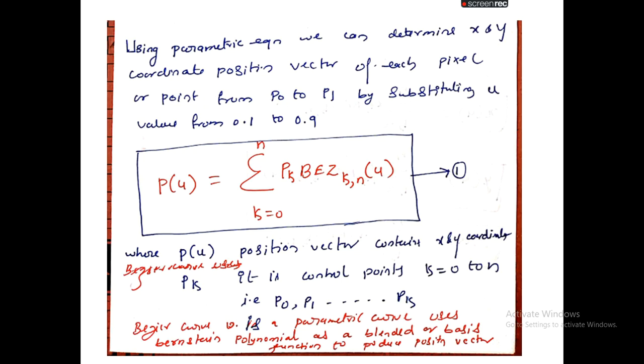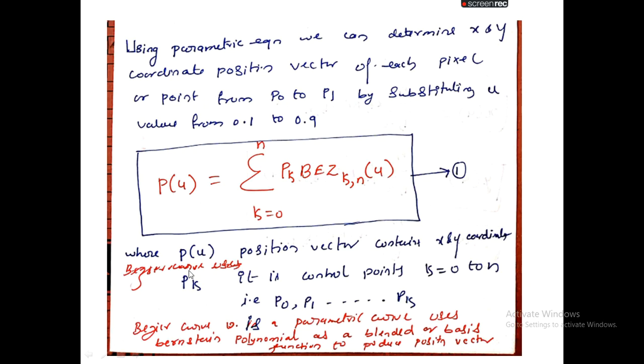So Bezier curve is a parametric curve. It uses a Bernstein polynomial as a blended function. The Bezier curve will use the blended or basis function to produce the position vector. So this P of u is called the position vector.